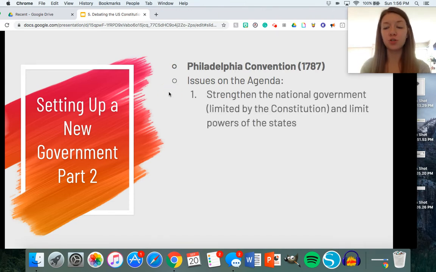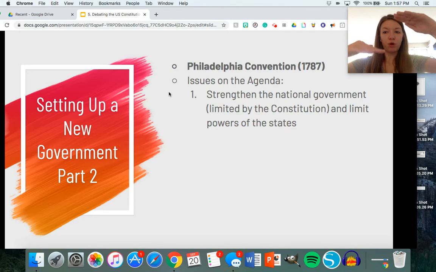So the very first issue, directly as a result of those weaknesses of the Articles of Confederation, was to put some more strength behind the national government while still limiting it by the Constitution. And limiting the powers of the states, right? Under the Articles, the national government had been severely limited and the states had all the power. We want to do a little bit more of a flip-flop.